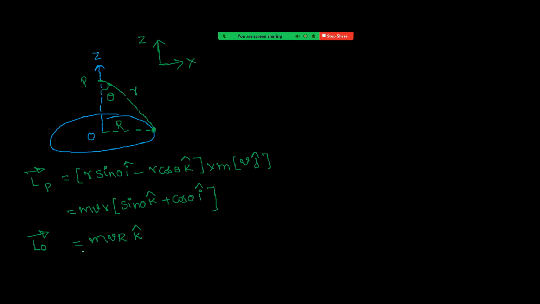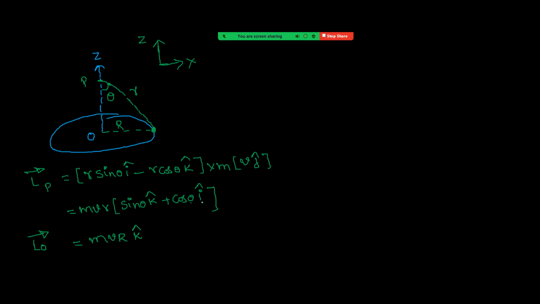But if you are taking about P, or about any point on the z axis except the center of the circle, it has two components. One is along the z axis and one is normal to the z axis. Students, we have to keep in mind this is a component at this instant.